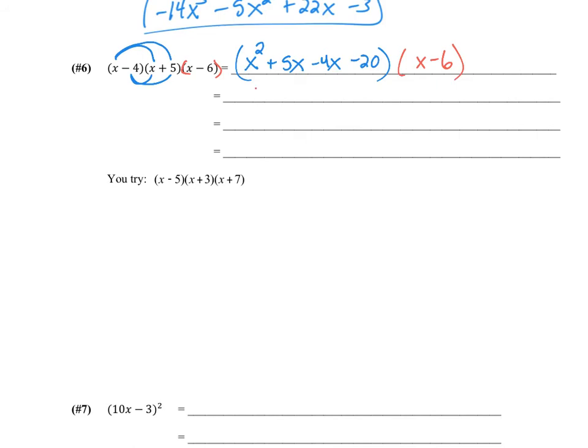Then I'm going to combine like terms. So the first parenthesis is x squared, 5x minus 4x is 1x, and then a minus 20. And the second parenthesis is still x minus 6. Now we distribute again. So x squared times x is x to the third.